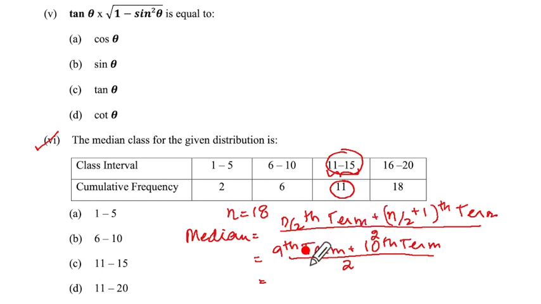So your median is going to be the average of the 9th term and the 10th term, which is going to be in this region. They are asking us for the median class, not the median. So this is the median class interval. The median class interval is 11 to 15, and that is option number 3.